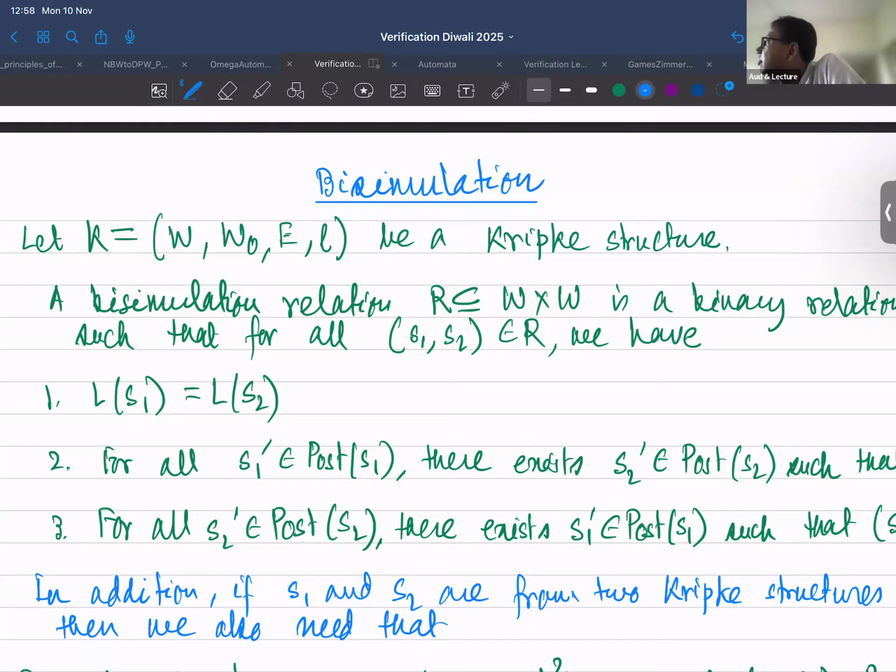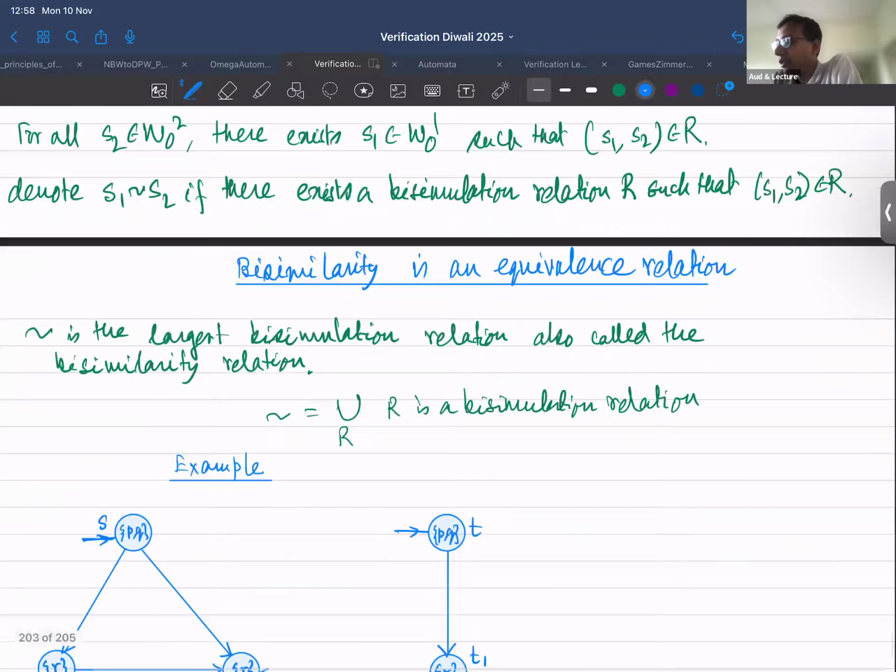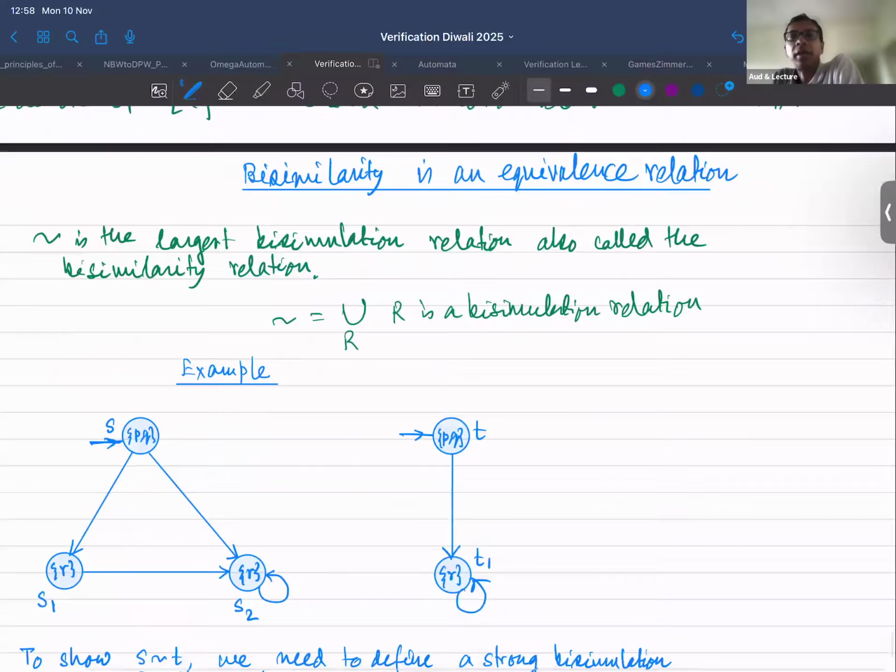So bisimulation is a notion of equivalence which is stronger than language equivalence, and which is a behavioral equivalence that we would see, for example, if these two Kripke structures satisfy the same set of CTL formulas. Okay, so we'll look at bisimulation in the next lecture.